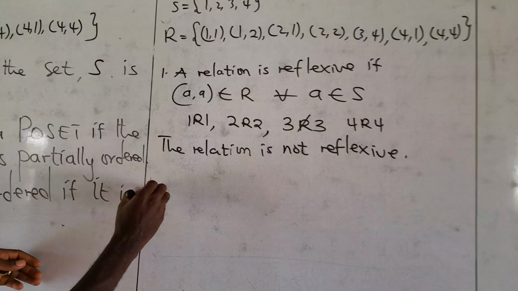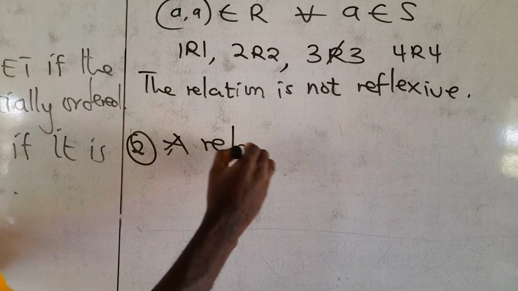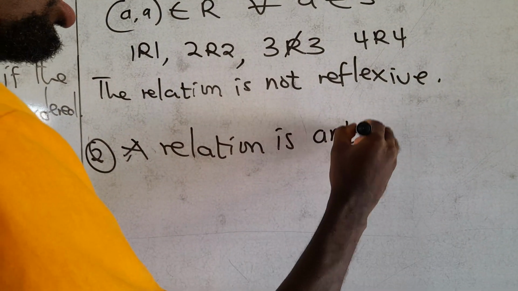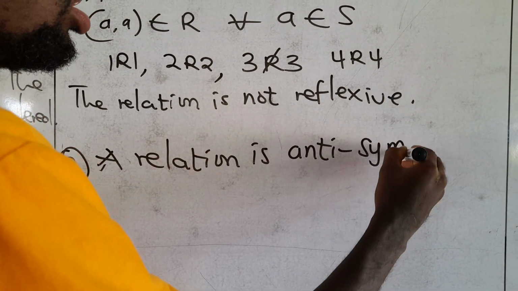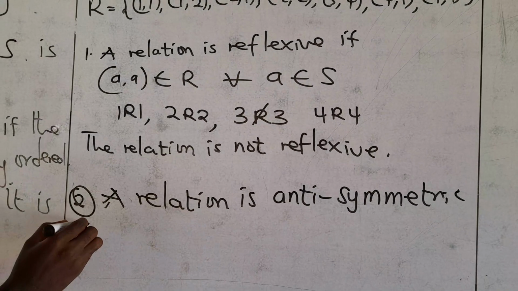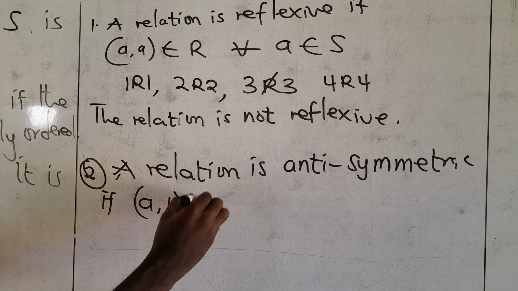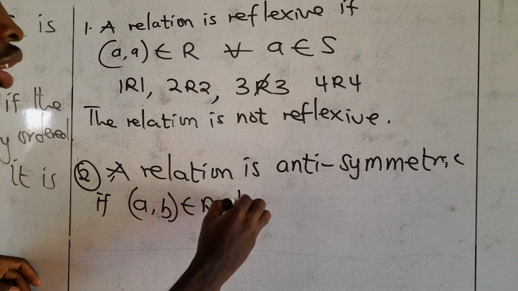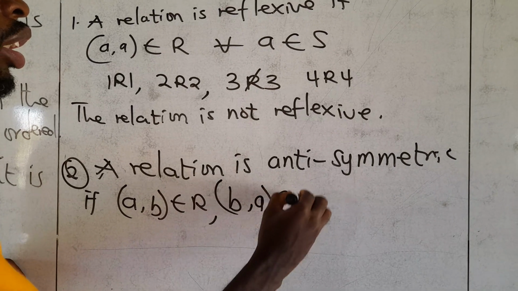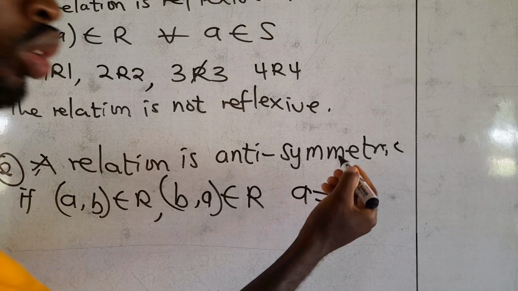So we go to the antisymmetric. We say a relation is antisymmetric if (a, b) is a member of the relation and (b, a) is also a member of the relation, then a must be equal to b.